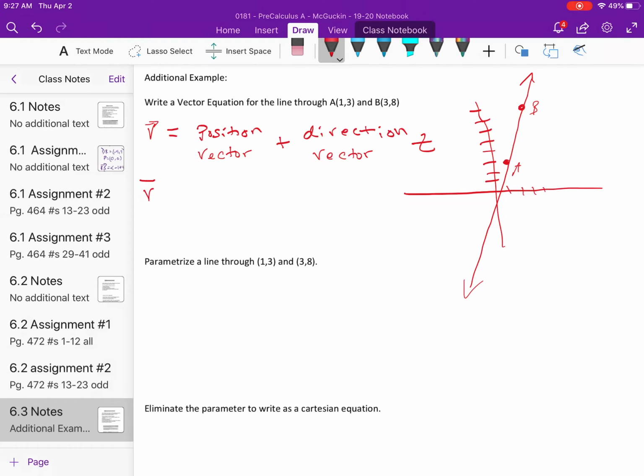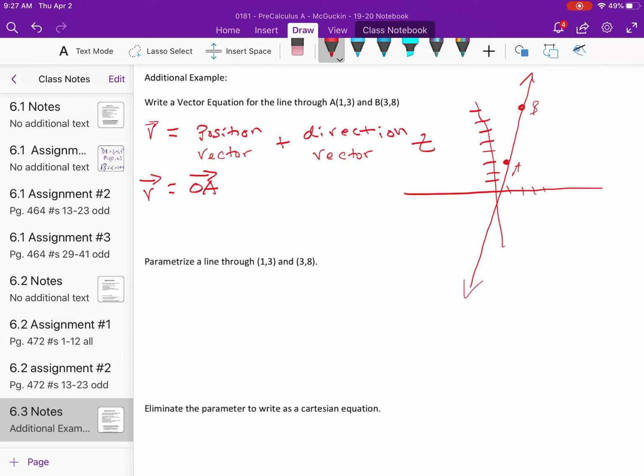If I were to make this vector equation, what would the position vector be? Remember, the position vector is going to be the vector OA, from the origin to A. That tells us where this vector begins, the standard position of this vector. So we're going to be looking at vector OA for this one. Then our direction vector gives us direction.